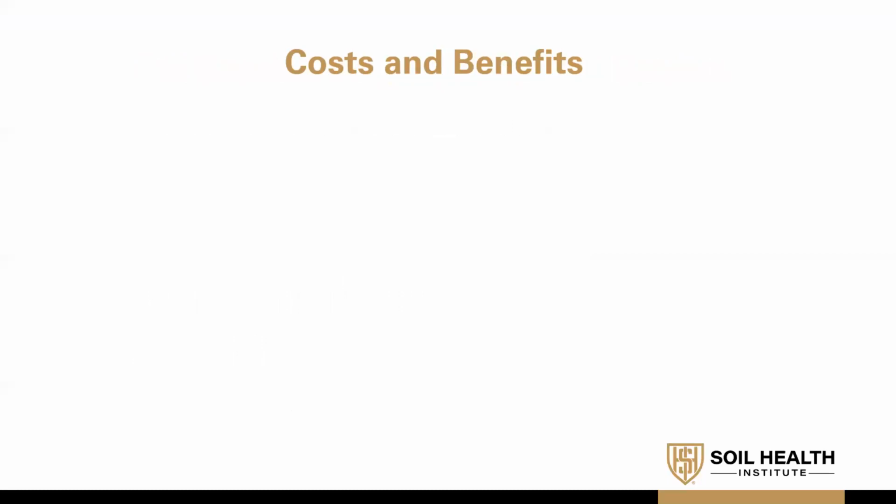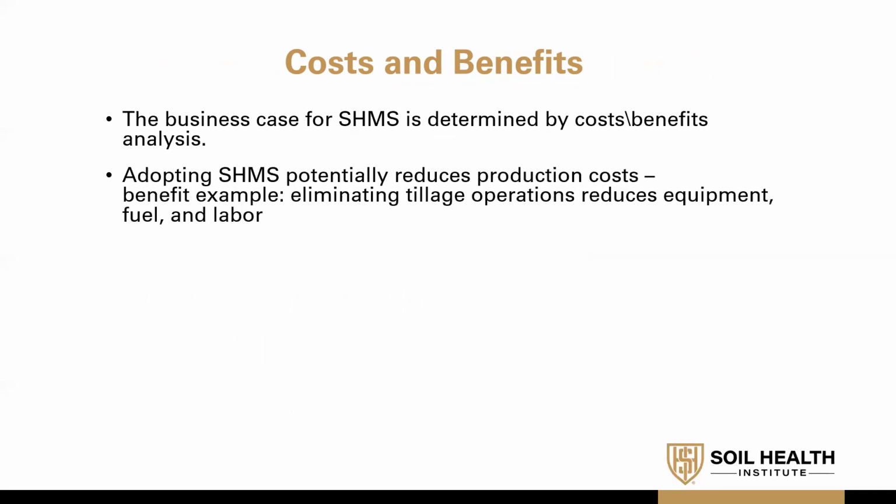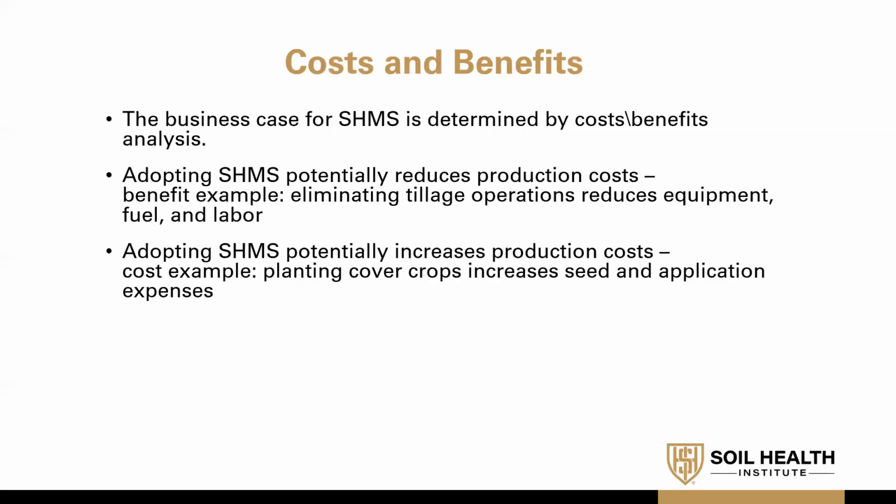To investigate this, we'll use methods of cost and benefits analysis. The business case for soil health management system is determined by cost and benefits analysis. Adopting a soil health management system potentially reduces production cost. An example is eliminating tillage operations reduces equipment, fuel, and labor. Adopting soil health management systems potentially increases production costs.